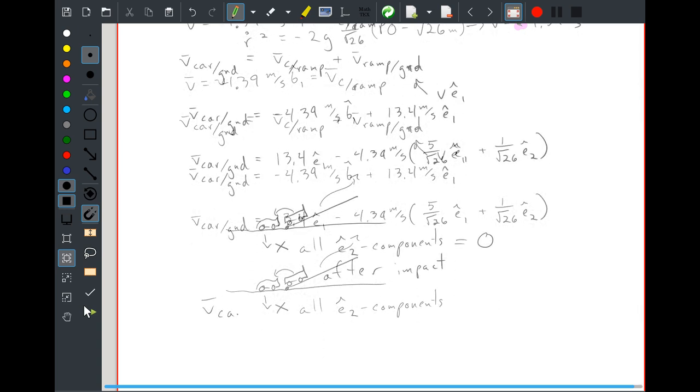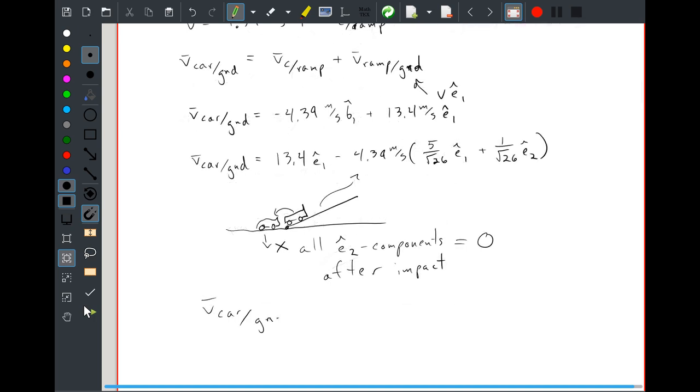So now the velocity of the car with respect to the ground after reaching the road is 13.4 minus 4.39 times 5 over root 26 in that E1 direction, or 9.1 E1 meters per second.